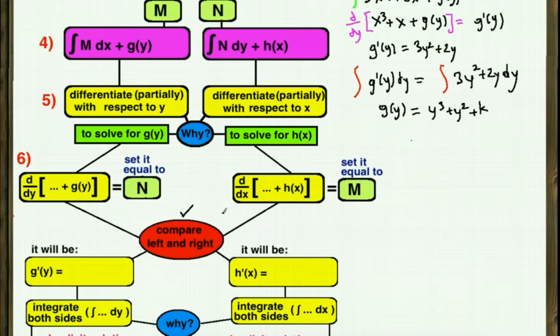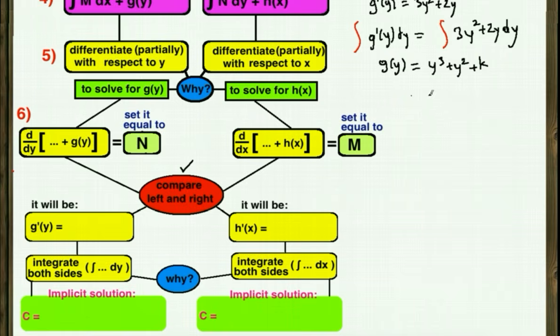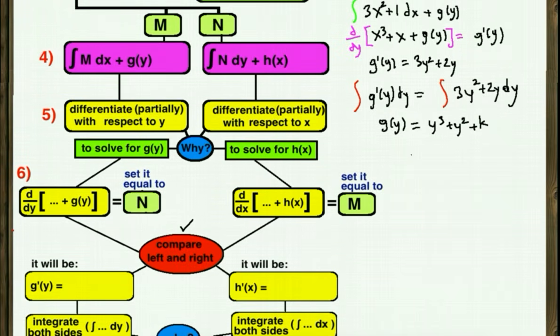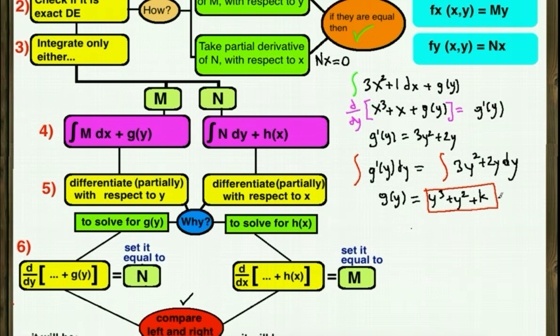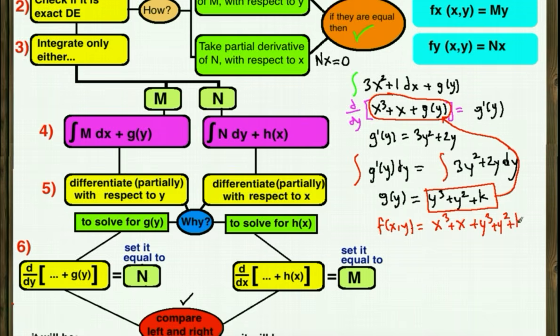Now let's go to the next step. Since we have g of y here, this g of y will be substituted into our f of x, y. So our f of x, y is equal to x cubed plus x plus, instead of g of y, we're going to write y cubed plus y squared plus k.